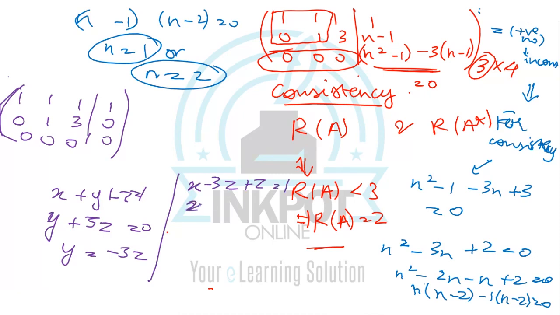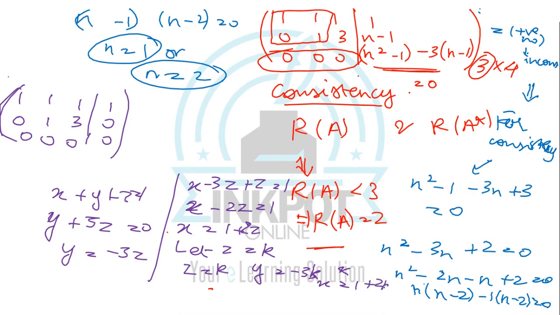So x minus 2z is equal to 1. x is equal to 1 plus 2z. Okay. So again, let z be any arbitrary number k. So z is equal to k, y is equal to minus 3k. Okay. And x equals 1 plus 2k. And this is the solution for this particular system.